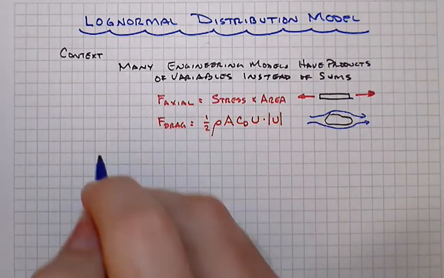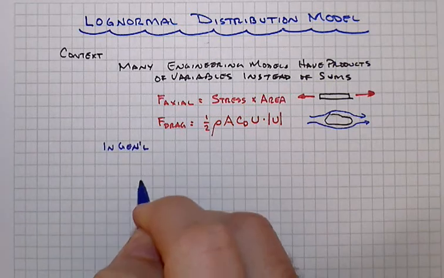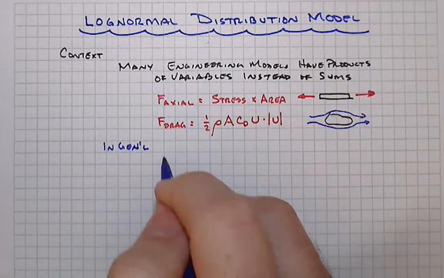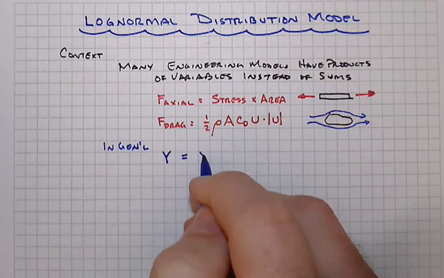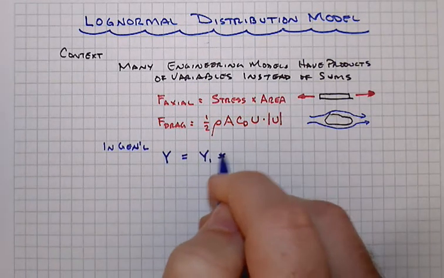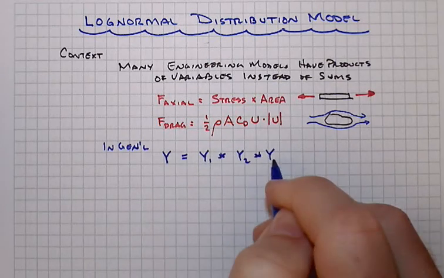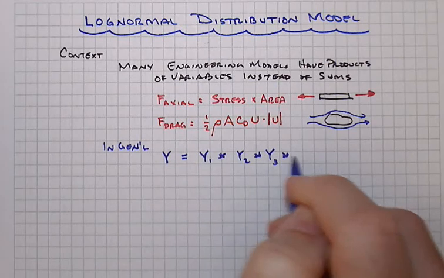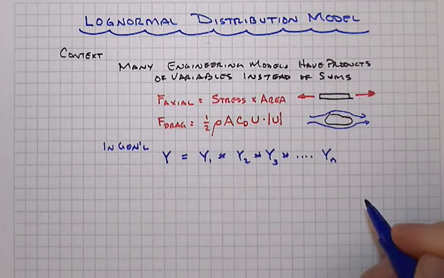In general, then, where the log normal often shows up is where we have a random variable that is a function of the product of a bunch of other random variables. And let's let that product go up to n in the general case.